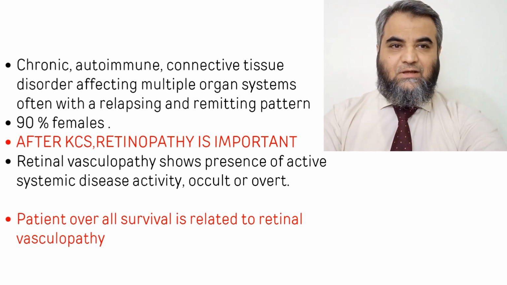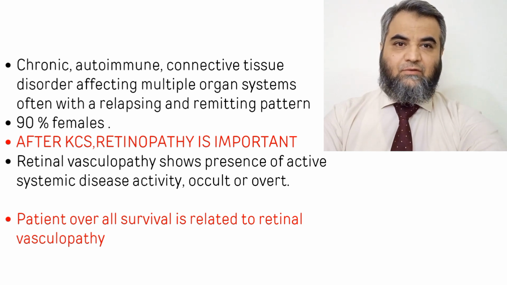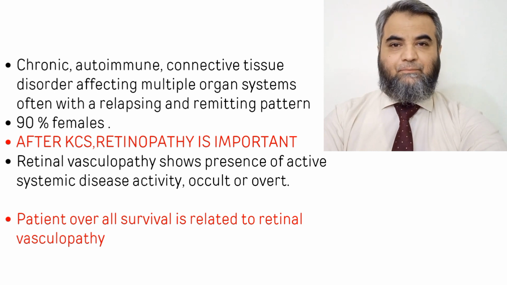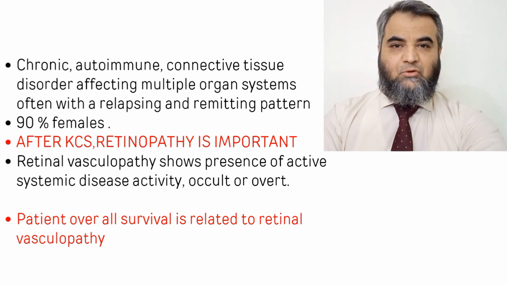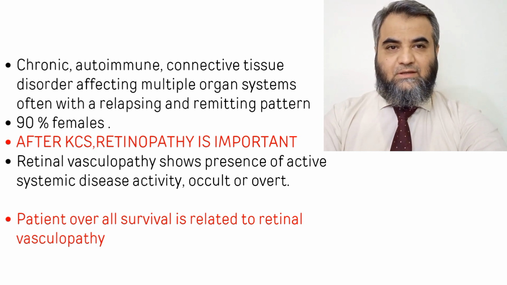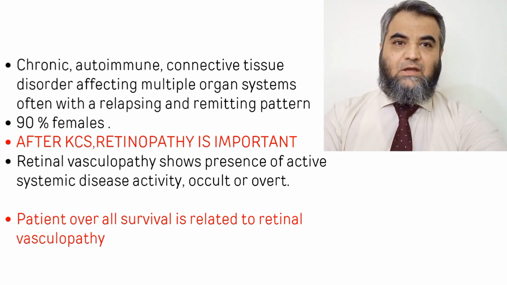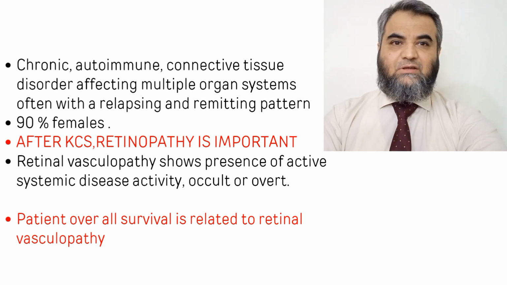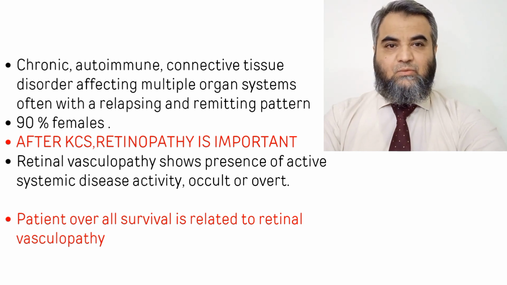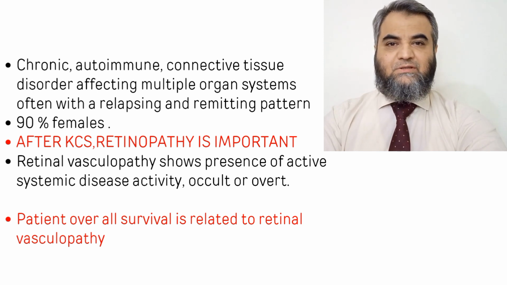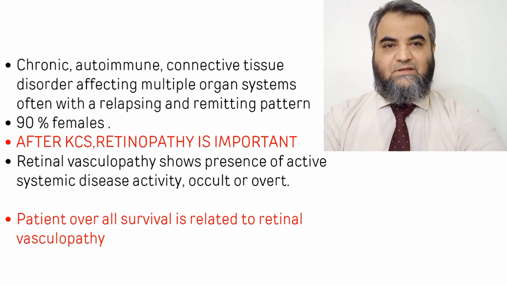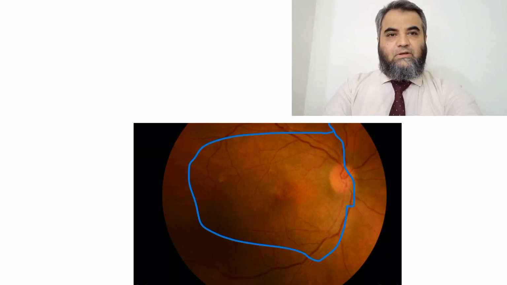Now, once the retina is involved in these patients, this is a very accurate sign of systemic activity, which may be overt or hidden. The other thing is that retinopathy involvement in SLE has a very important role in the survival rate of the patients, so it has significance for prognosis and ultimate survival.